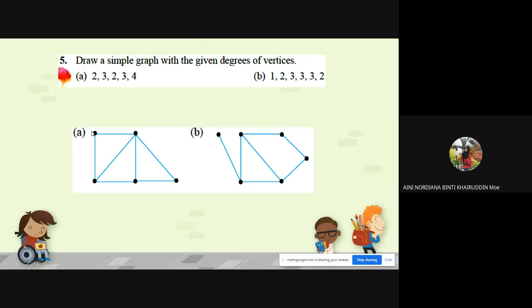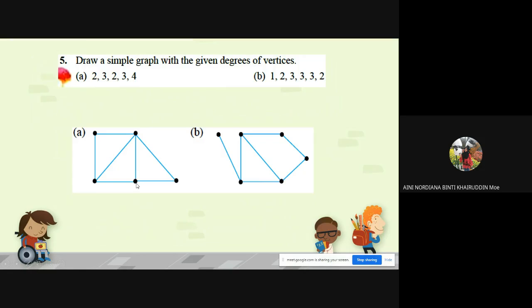So 1, 2, 3. 3 here. So maybe for this vertex 1, 2, 3. 2 here, for this vertex 1, 2, 3.